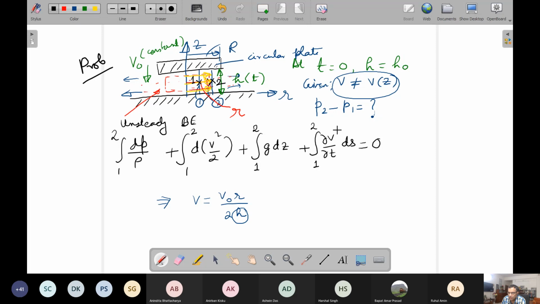So in that way, what we see here is a situation where we are not actually told anything about any viscous effect.